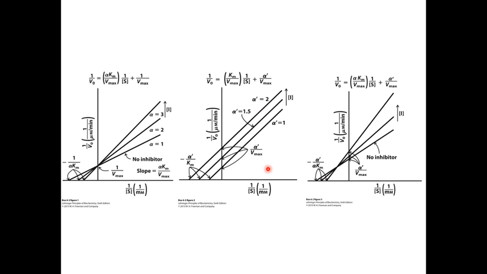In case of an uncompetitive inhibitor, the lines are parallel, with no intersection, and hence Vmax decreases, and there is a slight change in alpha over Km. For mixed inhibitors, the lines intersect on the left-hand side of the y-axis. As a result, there is a change in the intercept, and hence Vmax decreases and apparent Km increases. Please remember the difference between these three inhibition types.